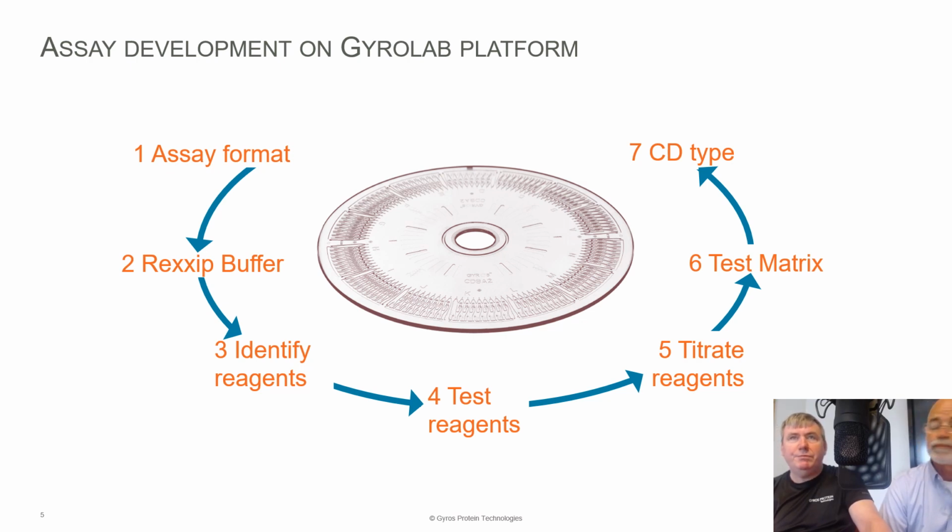And it all depends on what analytical range you need, what sensitivity you need. So you could go for a low sensitivity or a high sensitivity method depending on what your use is. So I think there's a lot of flexibility. The same assay can also be switched to different CDs to give you a different range. So, for example, I've had a situation where I developed a very sensitive method.